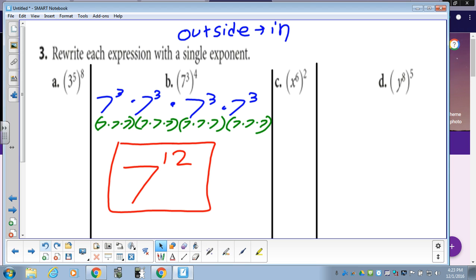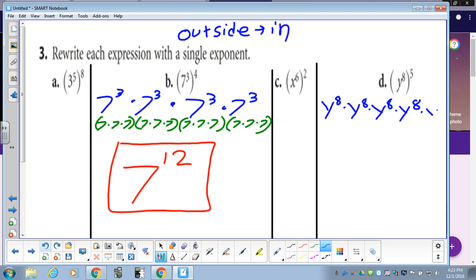Let's do another. Y to the 8th power, y to the 8th power, y to the 8th power, y to the 8th power, y to the 8th power. Now, what we can do here, we don't necessarily need to go through all that there. We can see, okay, we just add these 8s.